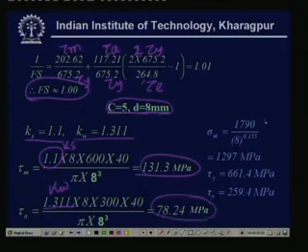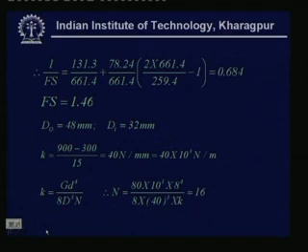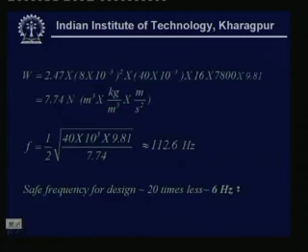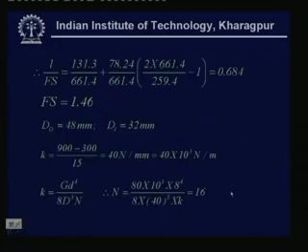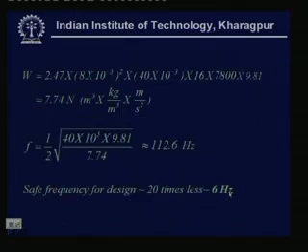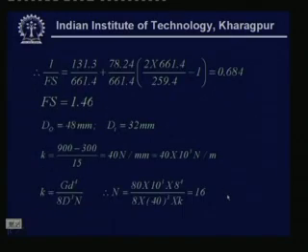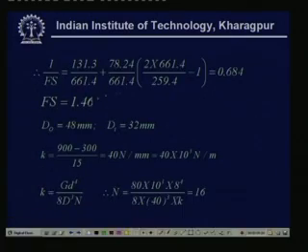In the same way, using the chrome vanadium steel, we get the tau yield point and tau endurance values. Putting these into the formula, we get 0.6081 upon Fs.